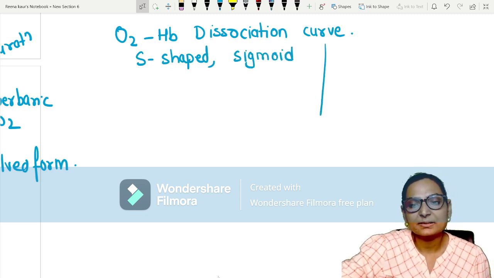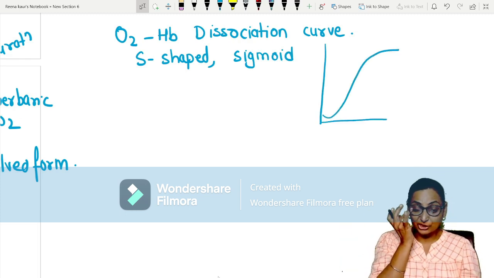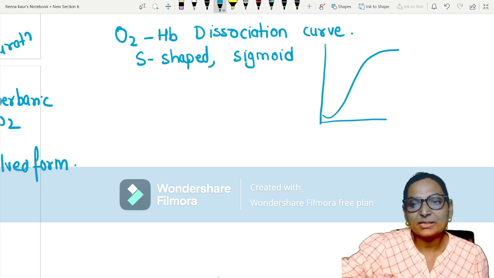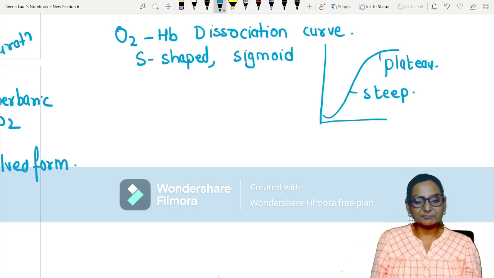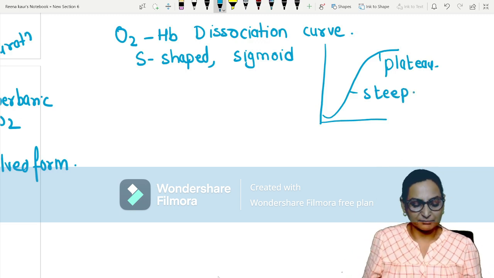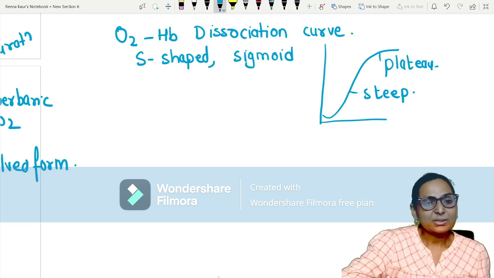Like this, a sigmoid shape curve. Okay, so this is the plateau part of the curve and this is the steep part of the curve. What is the cause of this sigmoid shape?